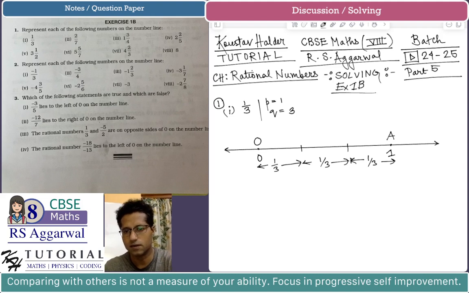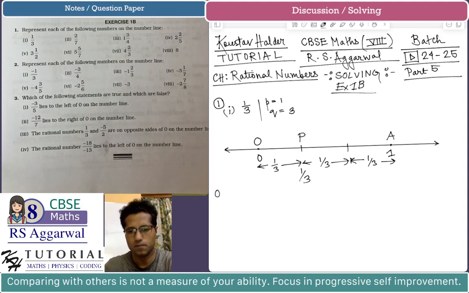Now I have divided OA into 3 equal parts because the denominator Q is 3, and I will consider one such equal part, because P is 1. So if I do the marking of one such equal part, this will be P, because OP is 1/3. So now OP will actually represent the rational number 1/3.